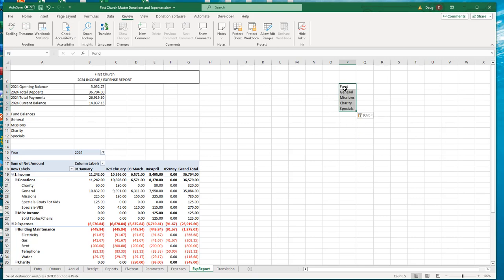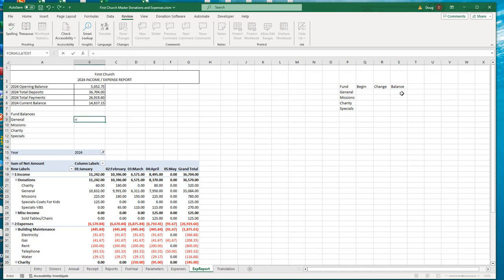Okay, so these are going to be our list of funds, and we are going to want to enter or calculate the beginning balance, the change that took place, and then the ending or the remaining balance, how much we have to spend, and it'll be this amount that we reflect over here.